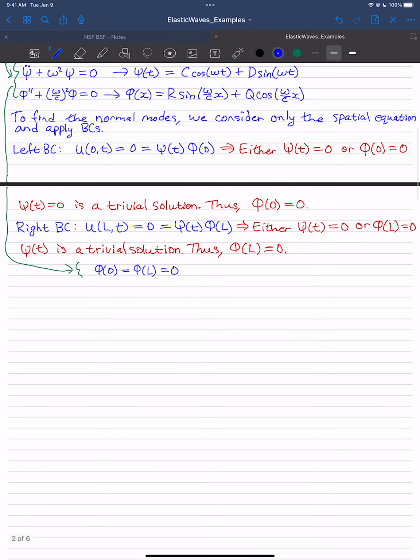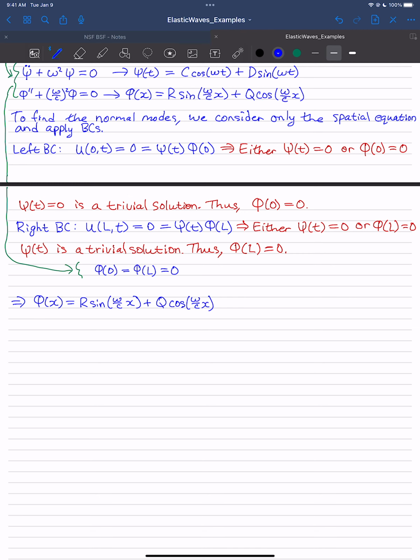Okay, so let's rewrite our solution for phi. We said that phi of x is equal to r times the sine of omega over c x plus q times the cosine of omega over c x. Now I switched the cosine and sine orders.